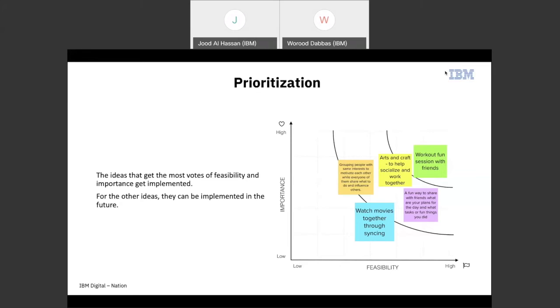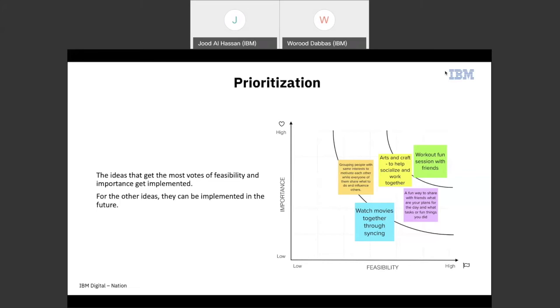So in the prioritization grid, you get the chance to put the ideas that got very high importance and feasibility, and that shows you the most important and feasible ideas that you can actually implement.